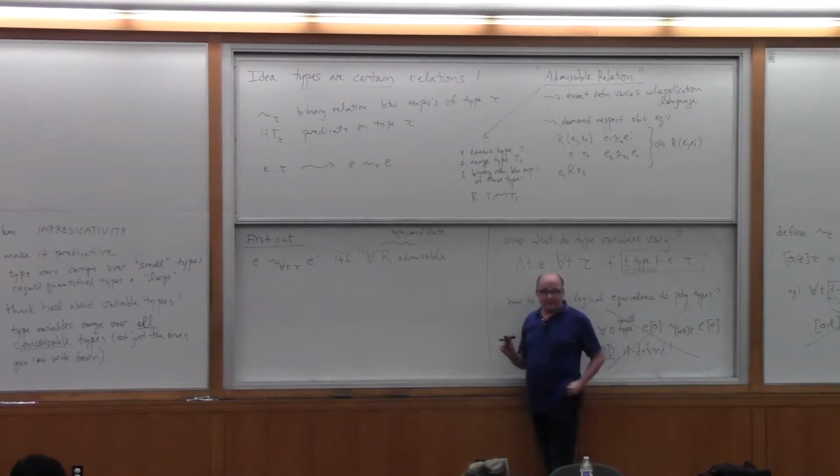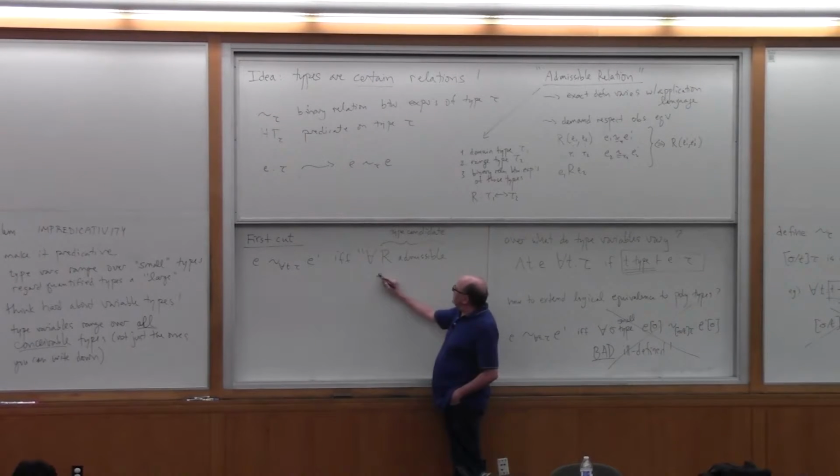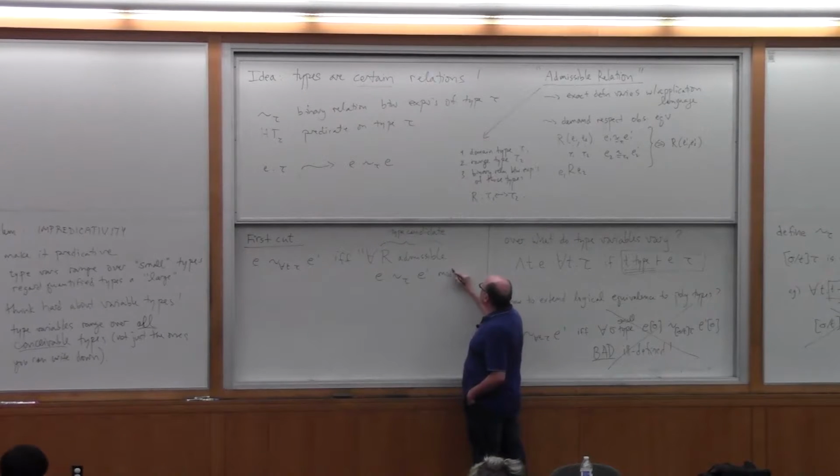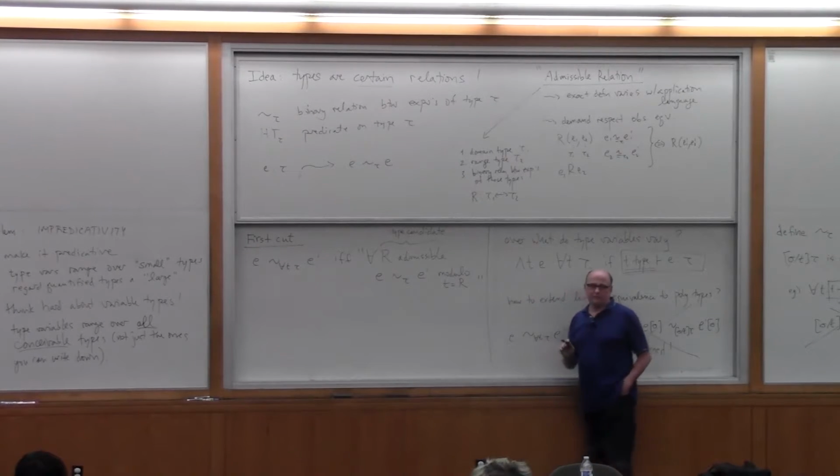That's what's important. So we'll say for every R admissible, E is related at tau, or you can feel that there's something going wrong here, T, and I'll write it modulo T, is R. And I'll put close quotes around here.